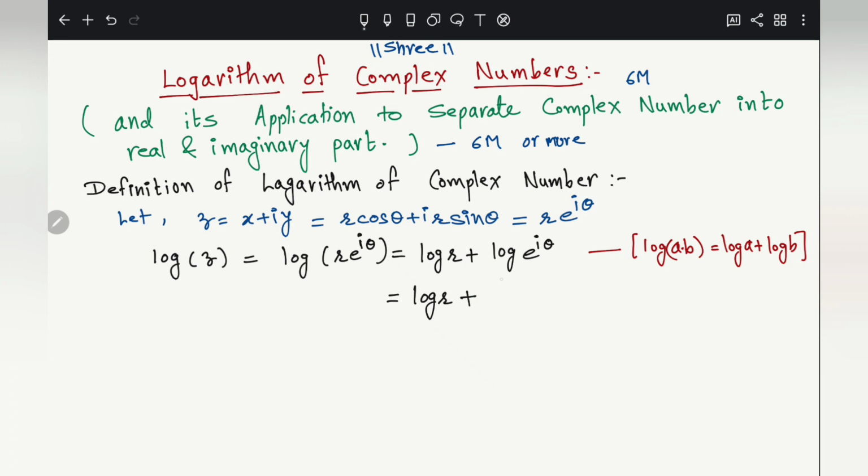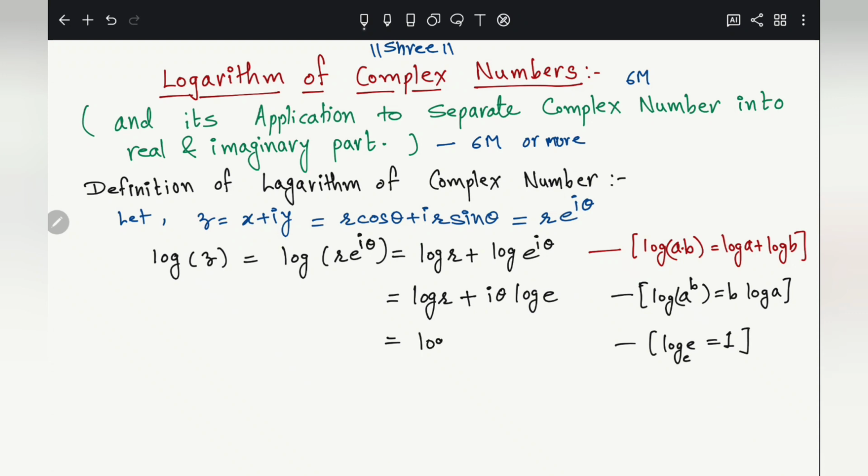And now one more rule we know, that is, what is log of a raised to b. So log of a raised to b is b log a. Using the same rule, I am going to write it as i theta log e. And students, as you know, log e is always 1, because it is log e to the base e. So it is 1. So we have log r plus i theta. So this is the definition of log z. That is what we have got.